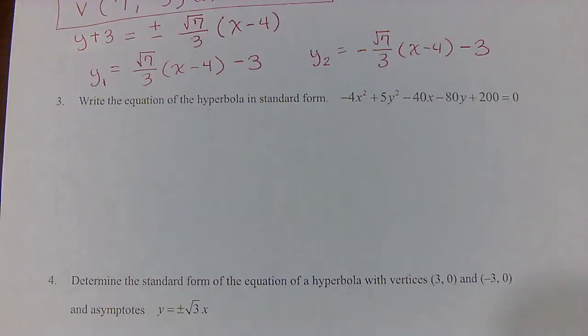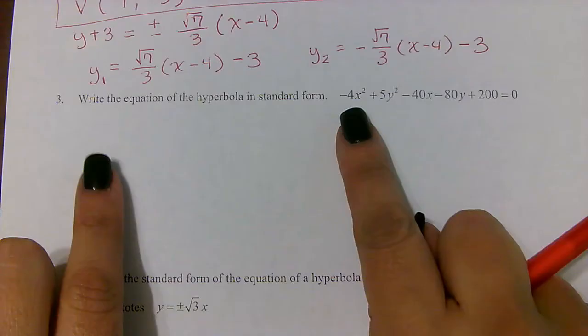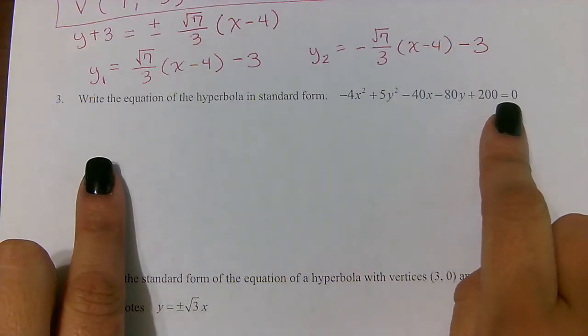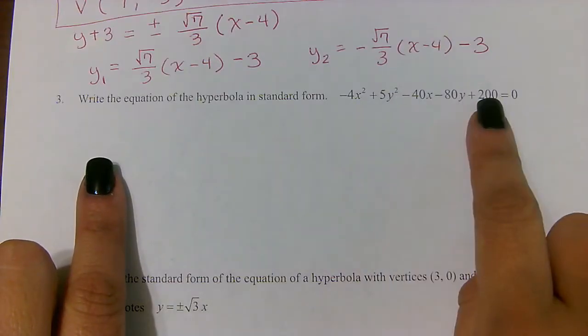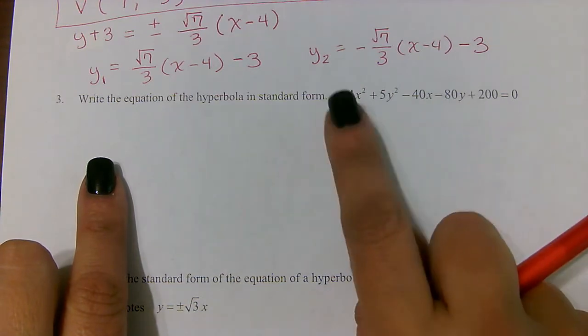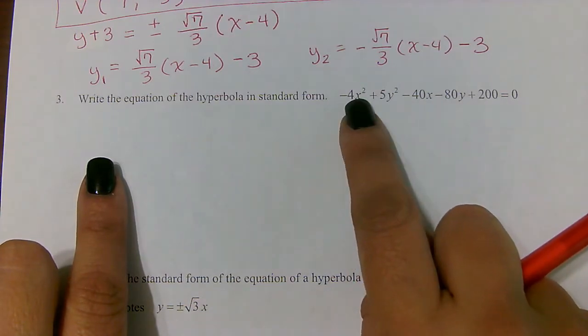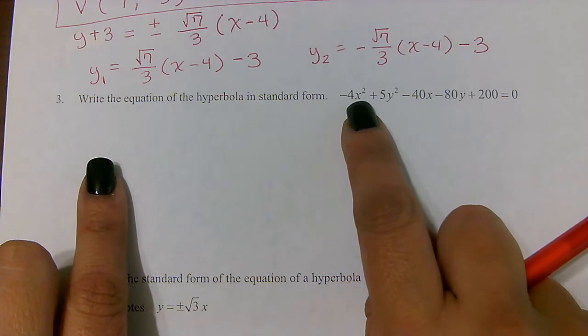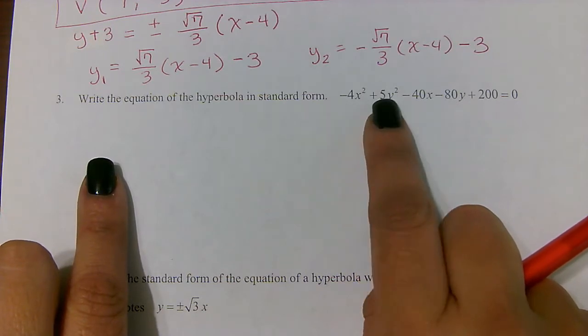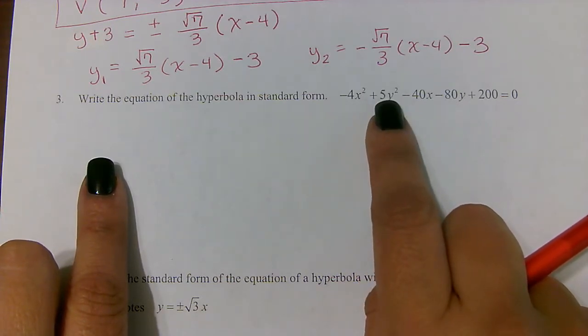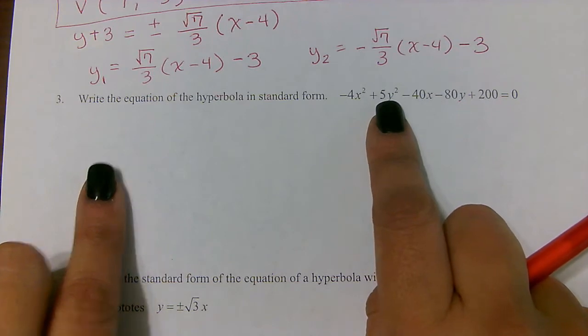For number 3, it says to write the equation of the hyperbola in standard form. This is very similar to what we did in the last section where we completed the squares. We always want to put the negative variable that is squared as our second term. So in this case, I'll be choosing to put the 5y squared first.